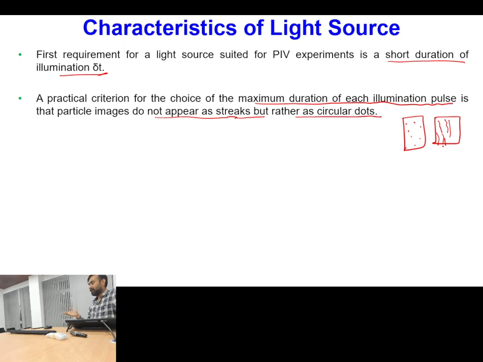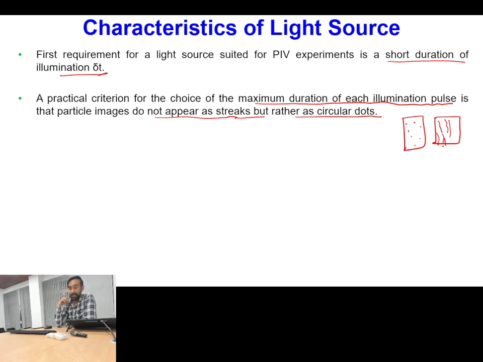It will try to capture the entire particle path. Because you are continuously illuminating and your camera is capturing at high speed, if you don't have a simultaneous match between the illumination of the particle and the camera ray, the particle movement will appear as a continuous streak, and in your frame you will not get the individual dots but a line.